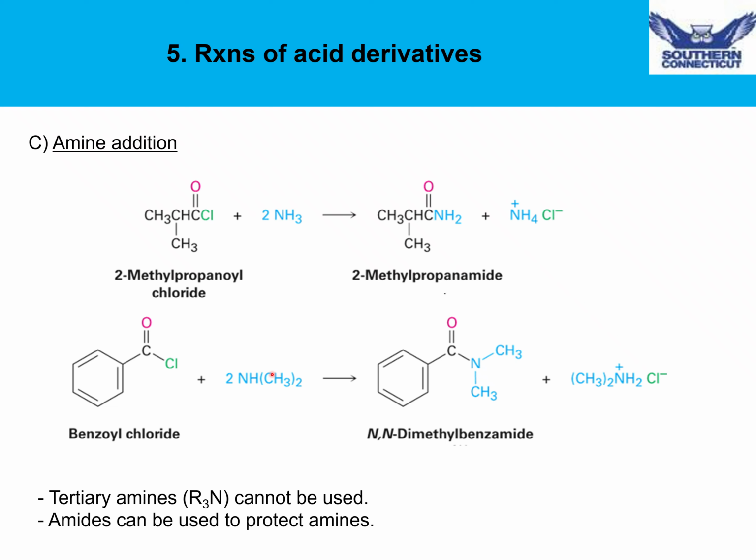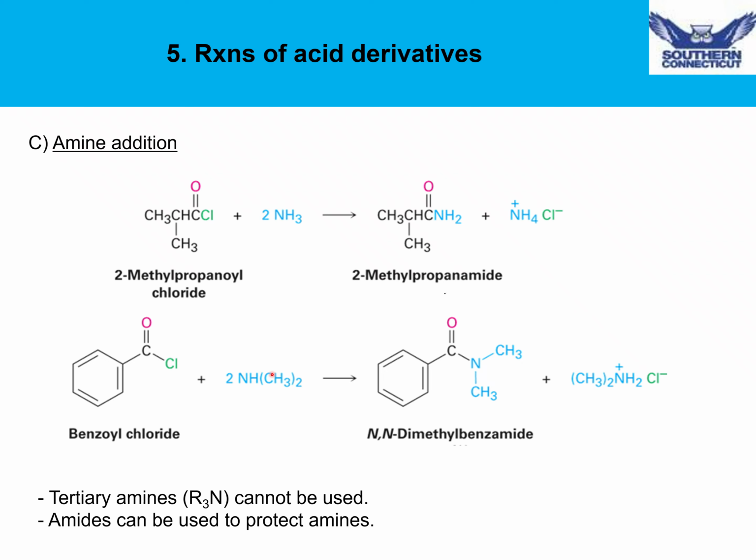It doesn't like to add to electrophiles, since it would lead to forming an ammonium product, which has 4 groups on nitrogen with a positive charge on the nitrogen. So generally, tertiary amines are not used as nucleophiles in not only acyl substitutions, but other types of reactions.